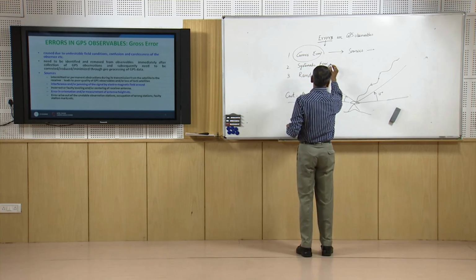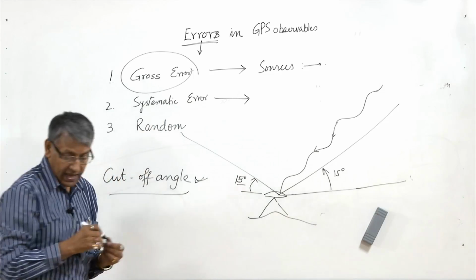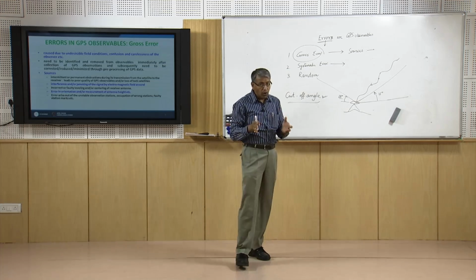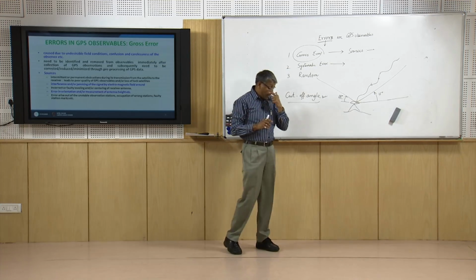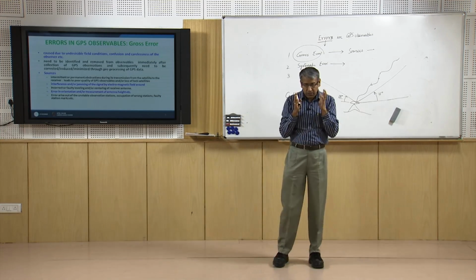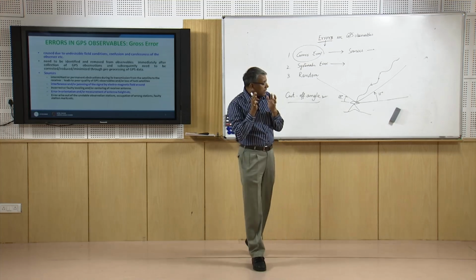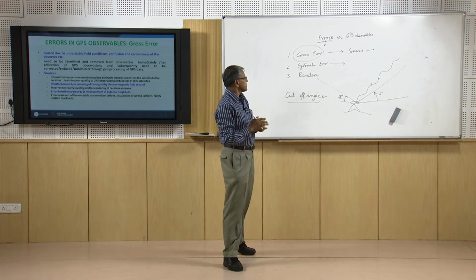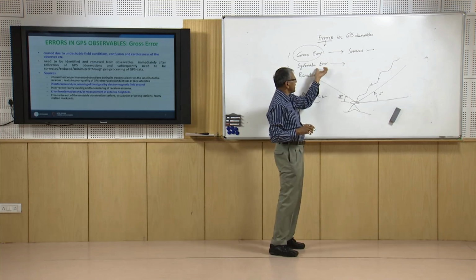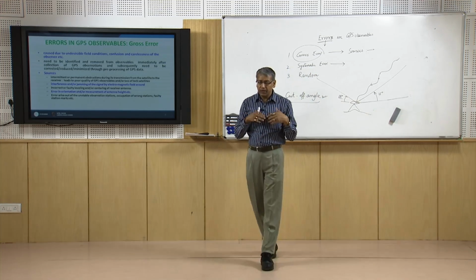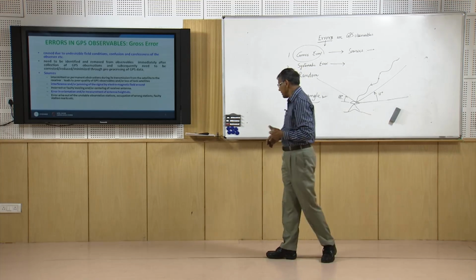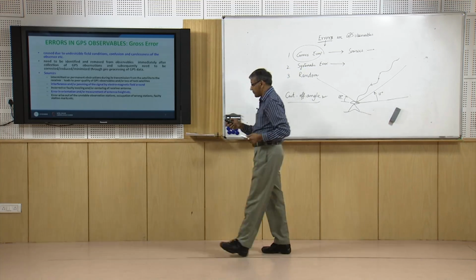Next source of errors are systematic errors. Systematic errors are errors which definitely follow some physical rule. This is specific to the instrument or procedure. There may be different types of systematic errors present in GPS observation.